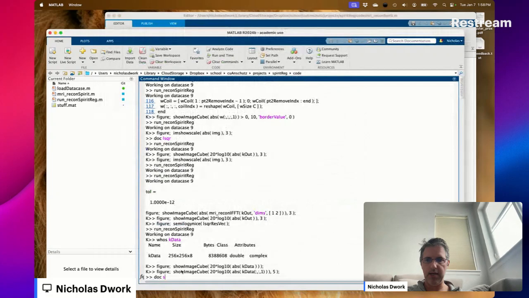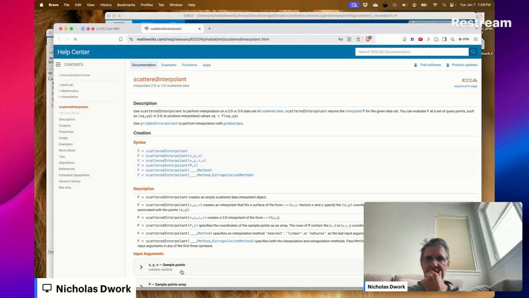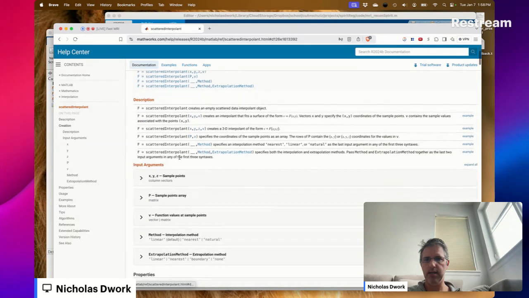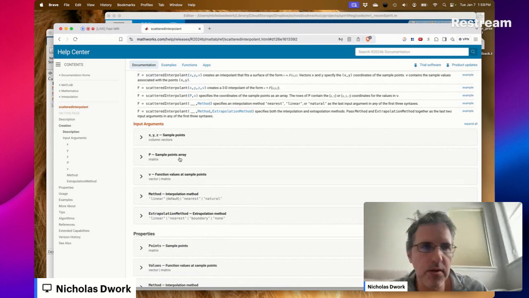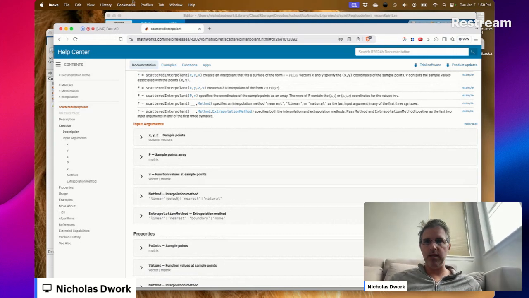Let's see, there's a function called scattered interpolant, to interpolate 2D or 3D scattered data. Let's do this. This will at least be some progress, and then that's maybe where we're going to leave it today.